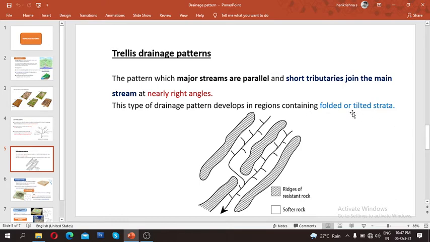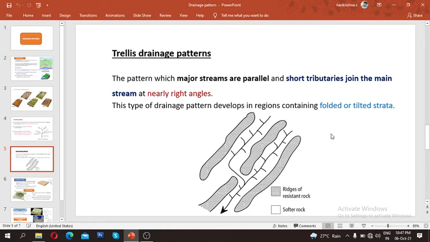So now you can easily understand, if a particular layer or rock has alternating beds of soft and hard rock, there you can observe structural features, that is folding or tilting of strata. So you can easily relate this folded or tilted strata, it will usually have a trellis drainage pattern.